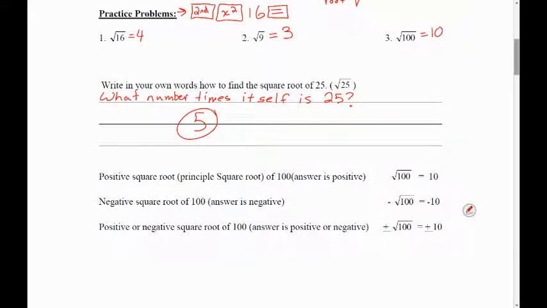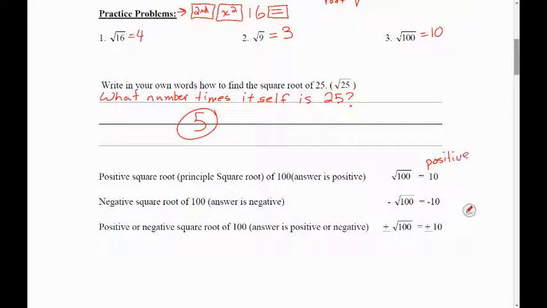Okay? Now, our book does this a little bit differently than when I learned talking about square roots. And so this is how we teach it now. Positive square roots, negative square roots, and then sometimes we have positive or negative square roots. Okay? So in our book, typically, if they ask you for a square root of a number and it does not have any sort of a sign in front of it, we're going to be talking about only the positive square root.